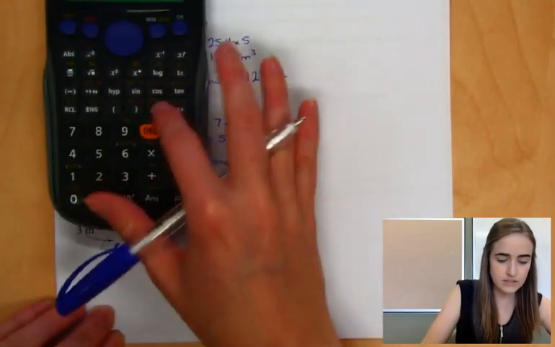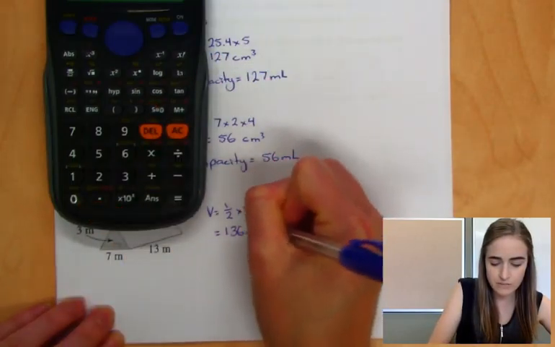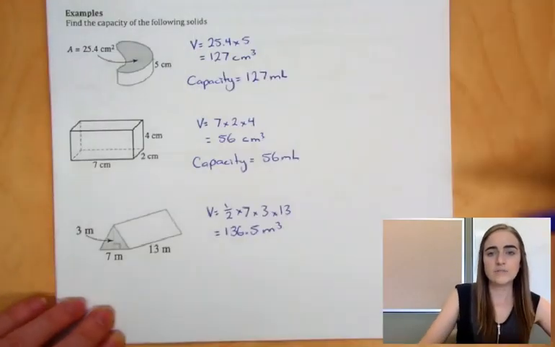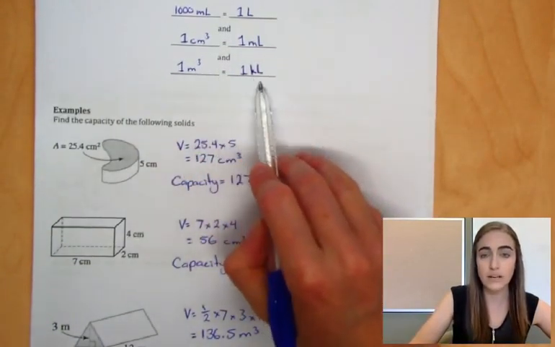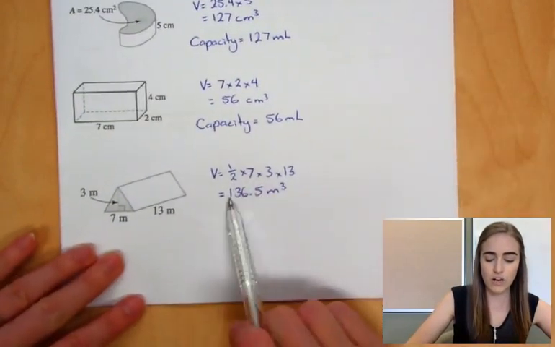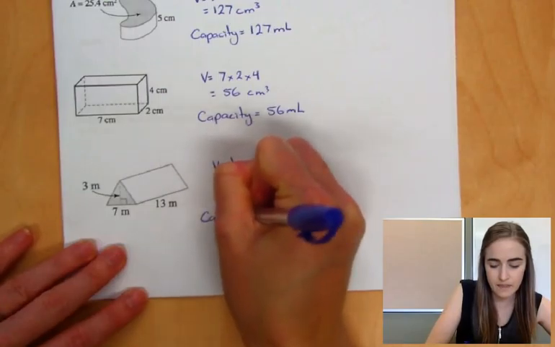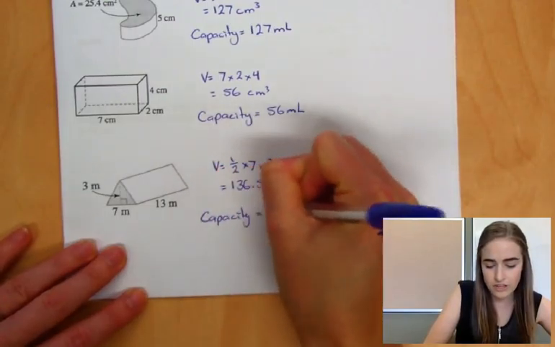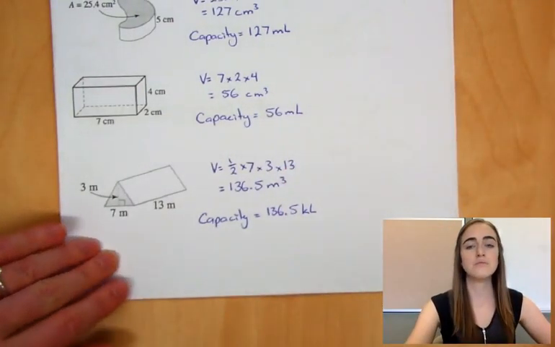Which would give us 136.5 meters cubed. And the other conversion that we wrote down before was that 1 meter cubed is equal to 1 kiloliter. So 136.5 meters cubed will give us a capacity of 136.5 kiloliters. So that's a few examples of capacity.